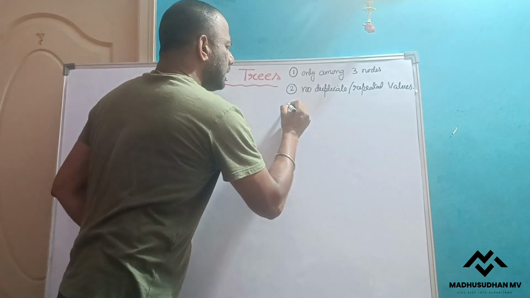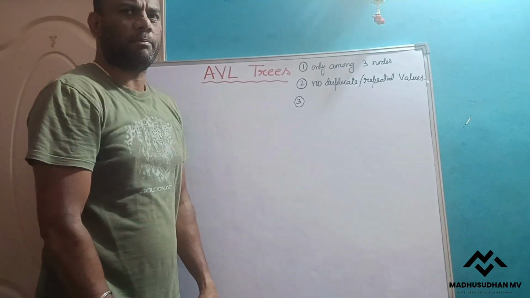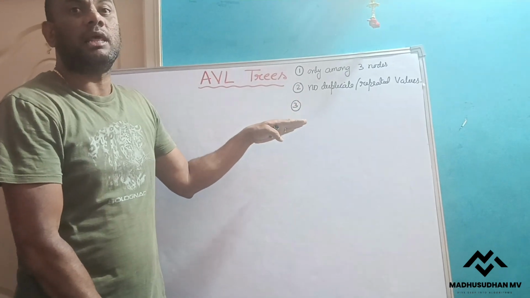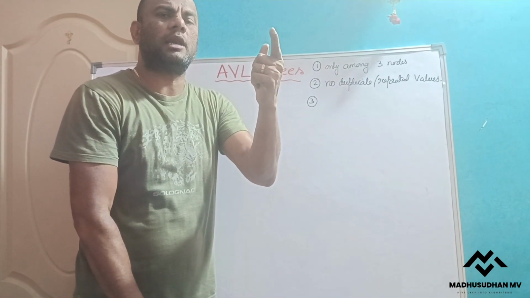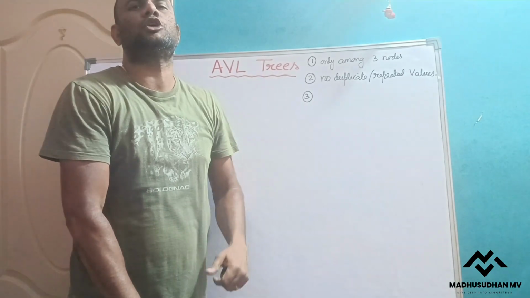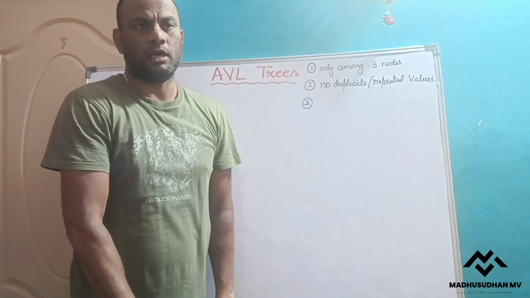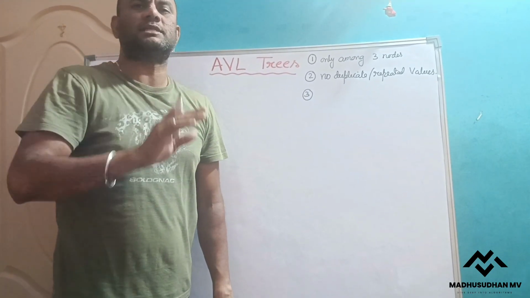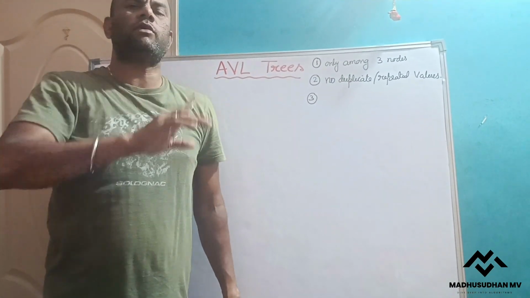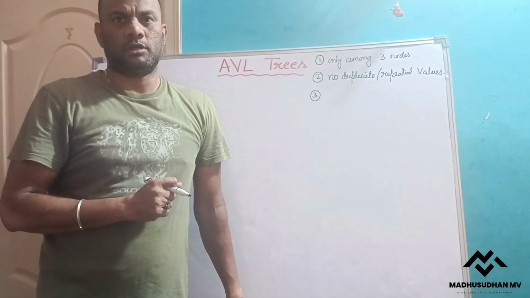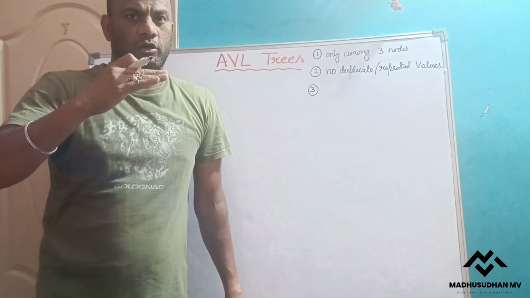The third point is that sometimes in my imbalanced binary search tree, more than one node has a balance factor other than 0, minus 1, plus 1. If more than one node is not balanced, which node do we have to balance? That is the question. So from the leaf node we need to calculate.